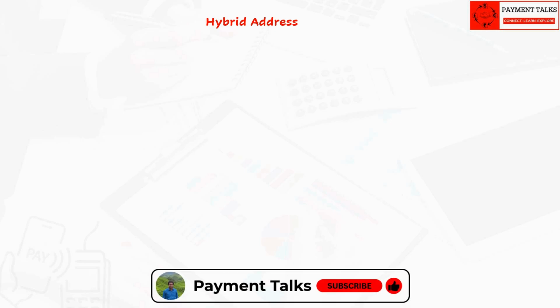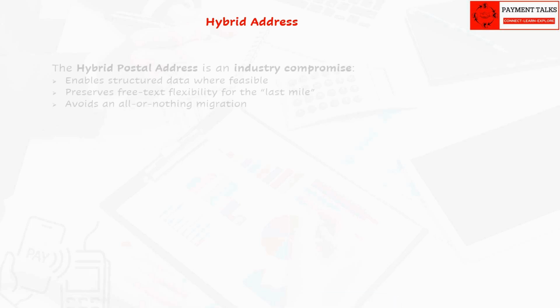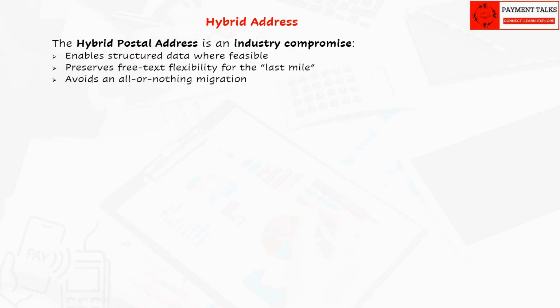This is where PMPG came up with the hybrid address concept. The hybrid postal address is an industry compromise to enable structured data where feasible, preserve free text flexibility for the last mile, and avoid an all or nothing migration.